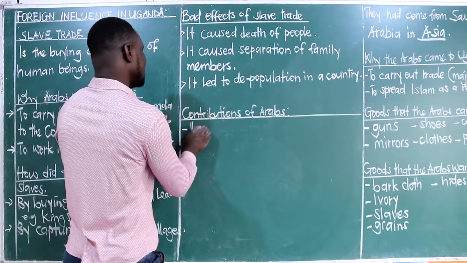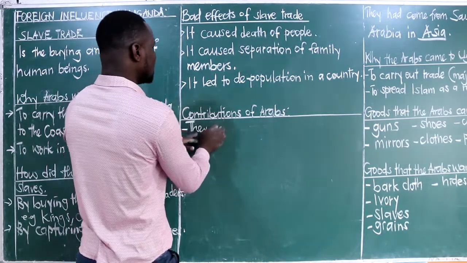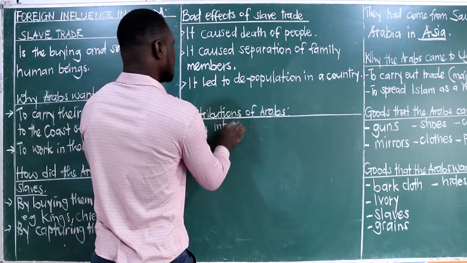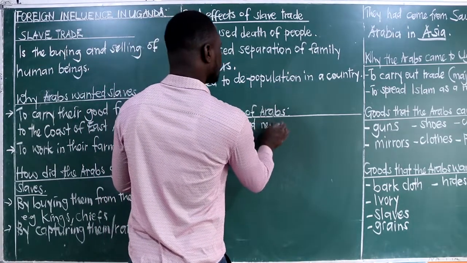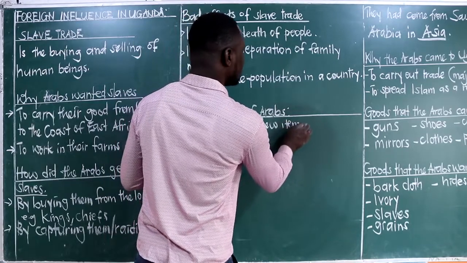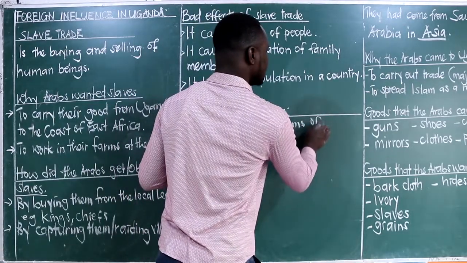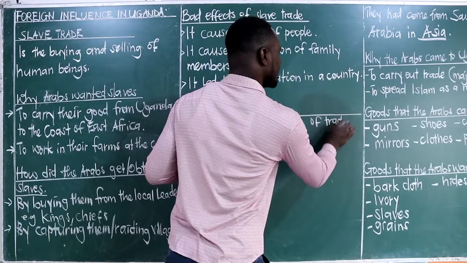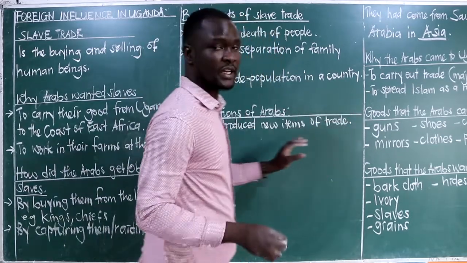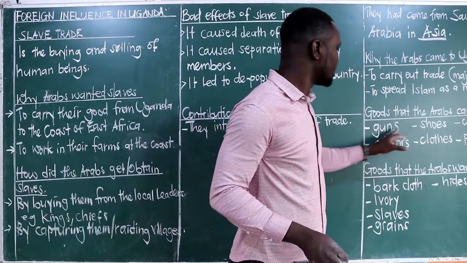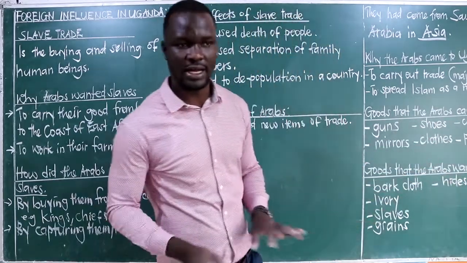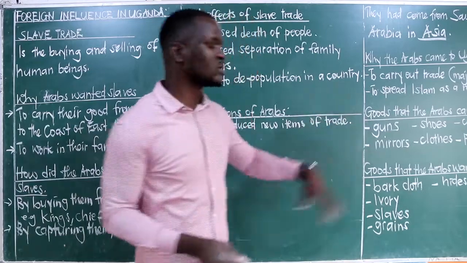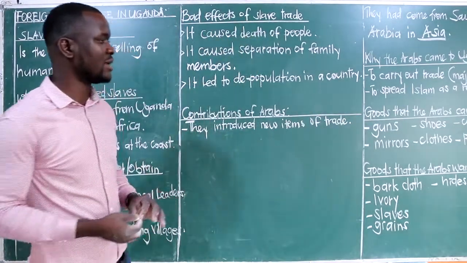We shall say the Arabs introduced new items of trade into Uganda. Which were these new items of trade? We talked about guns, shoes, caps, mirrors, clothes, plates, mentioned by a few. So those items of trade, the Arabs are the ones that introduced them.